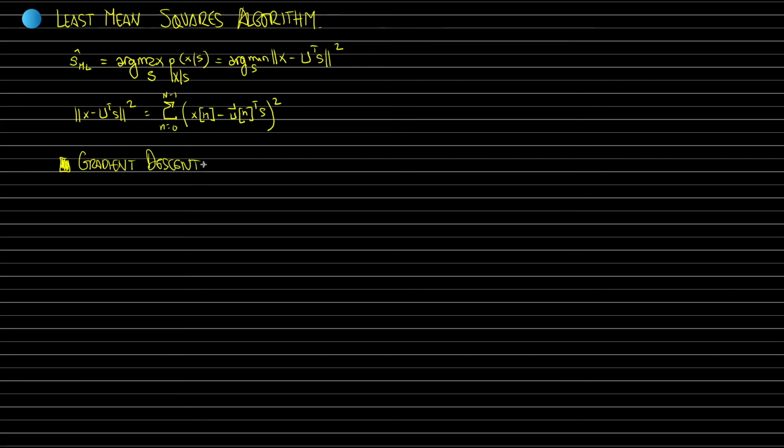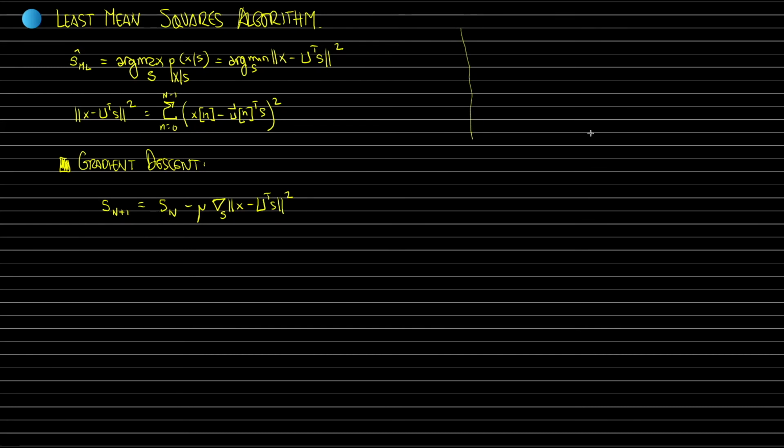The idea of the gradient descent method is that we can compute S iteratively as the previous value minus some parameter mu, that is a free parameter of the algorithm, times the gradient of the function that we want to minimize with respect to S. Okay. So this is a gradient descent strategy.